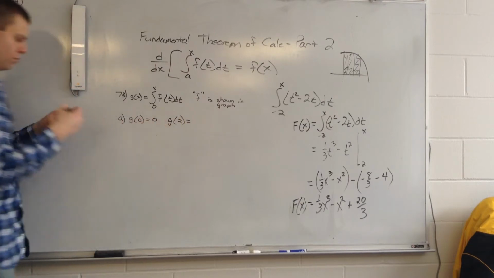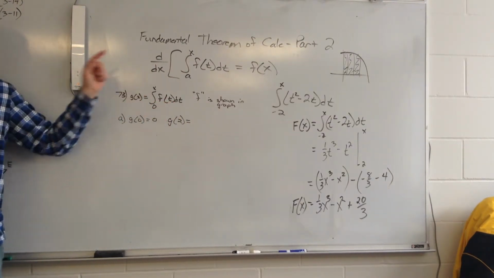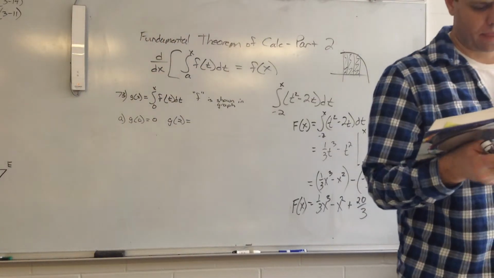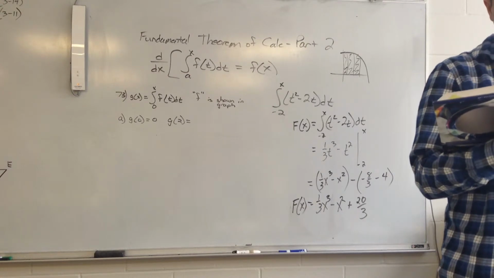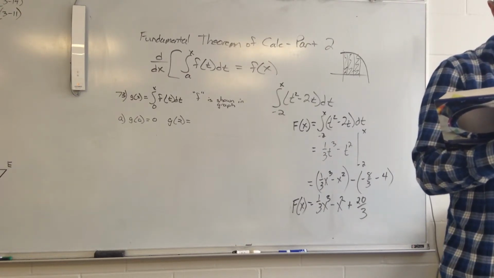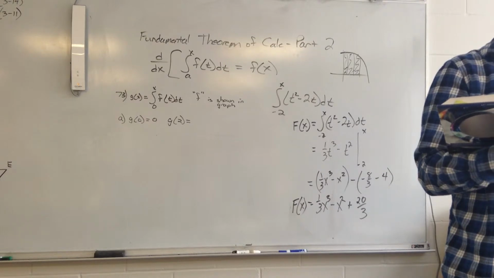G of 2 would be asking you to find the area under this function f from 0 to 2. Okay, well, if I go to that picture, if I want to find the area under the curve from 0 to 2 and I had to kind of estimate it, 1, 2, 3, 4, 5, 6, 7 maybe? Close to 7?